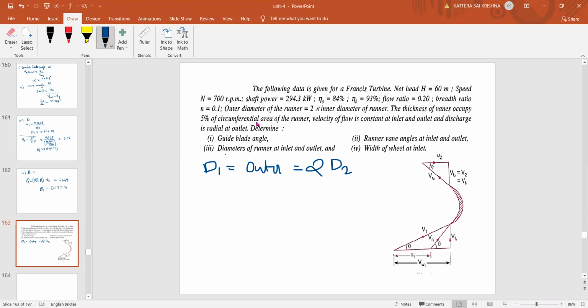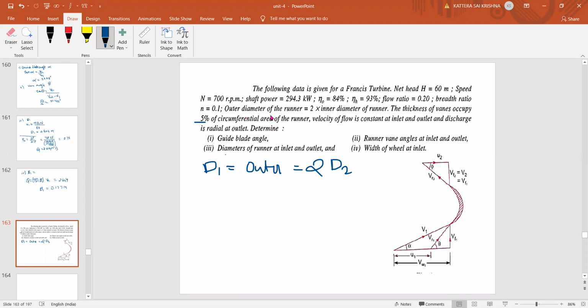The thickness of the vane occupies 5% of circumferential area of the runner. For the previous problems, we never took any thickness for the blades. So here, instead of 100% area, 5% is gone in thickness of the vanes. What is left is only 95% for the flow of the water.